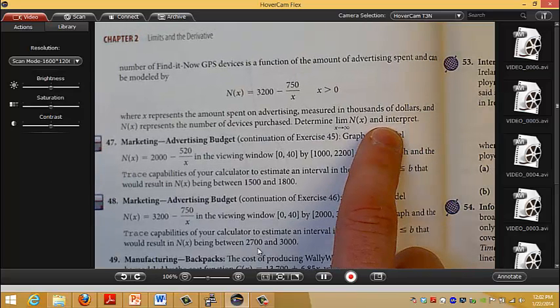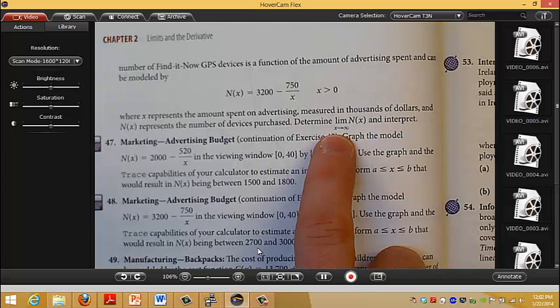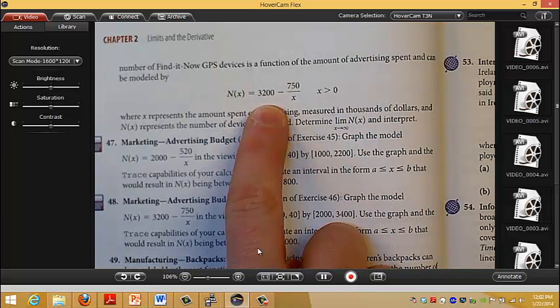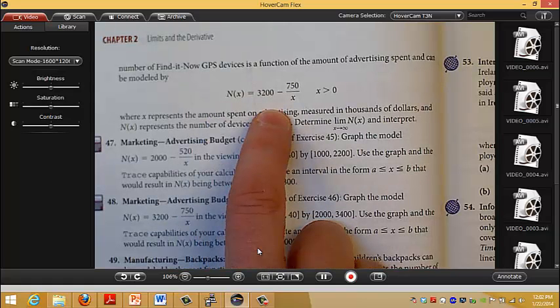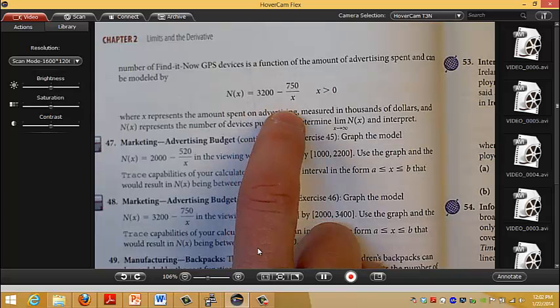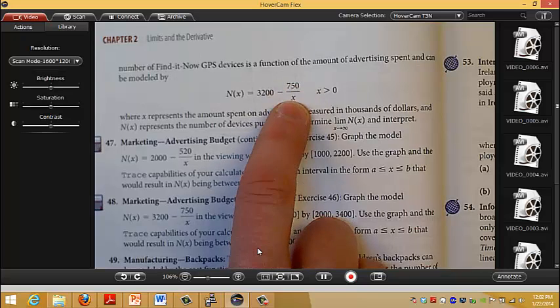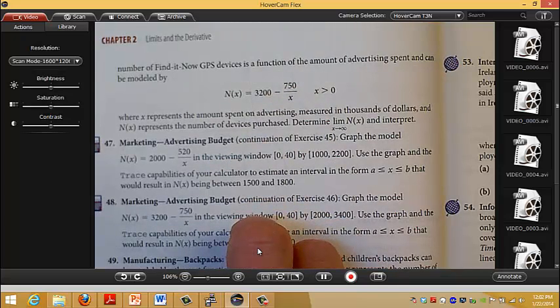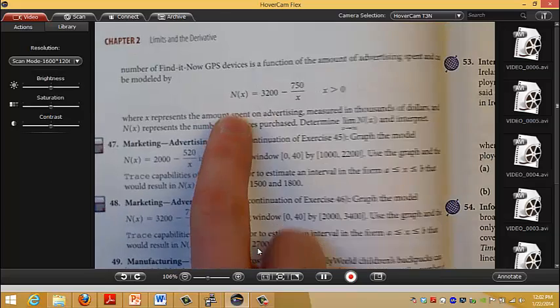So I could tell you already what's going to happen, because the first part of this is the mathematics. Then the second part is where I have to start reading. Here's the function, guys. What's going to happen when x goes to infinity? Right, because the 750 over x is going to approach what? 0. So this n of x approaches 3,200, right?